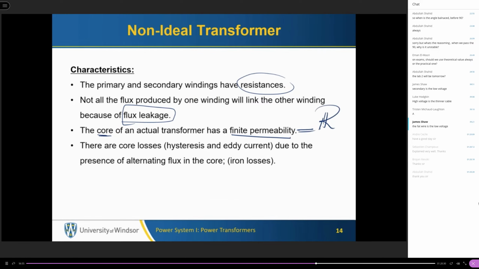The reluctance of the core is not zero. There is a drop in the flux, or flux needed by the core in order to magnetize the secondary winding. There are core losses, high stresses, and eddy current losses. Okay.